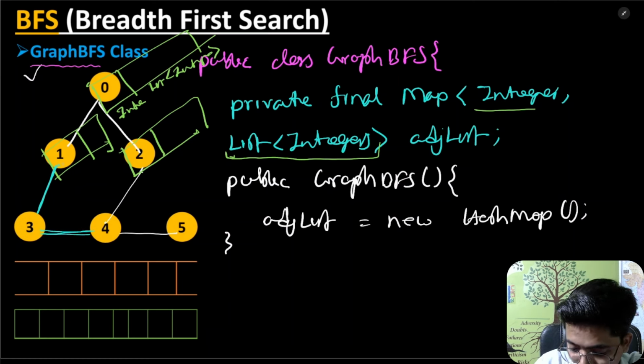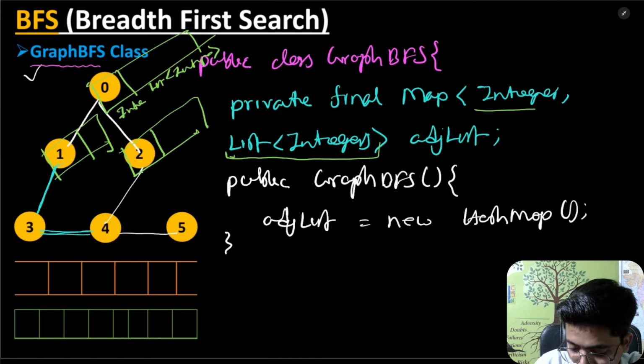So now we have polled the element, and our current node has the value 0. We'll simply print this current node: System.out.println(currentNode + " "), with a few spaces added. Now we have printed the current node.